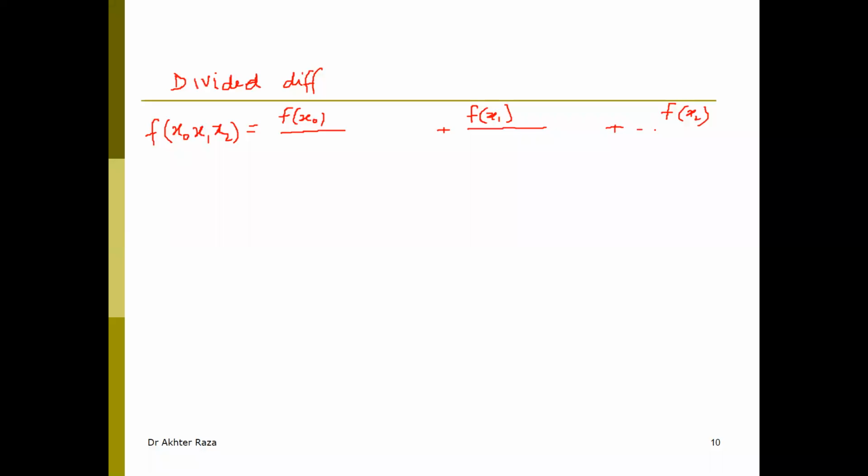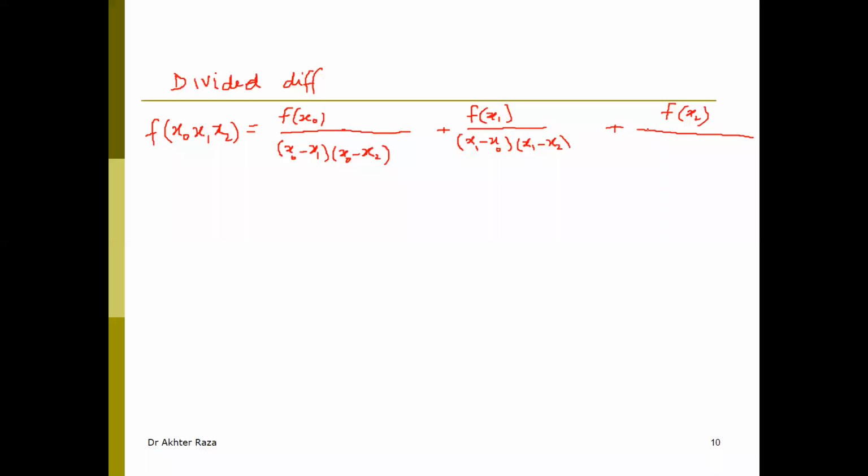What these two brackets are: if it is x0, then x0 minus x1 will be the first bracket and x0 minus x2 will be the second one. If it is x1, then x1 minus x0 will be the first bracket and x1 minus x2 will be the second bracket.